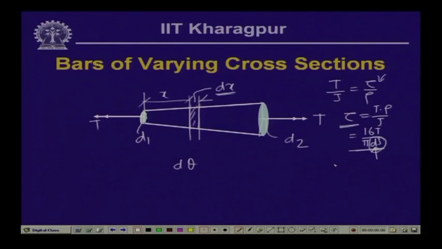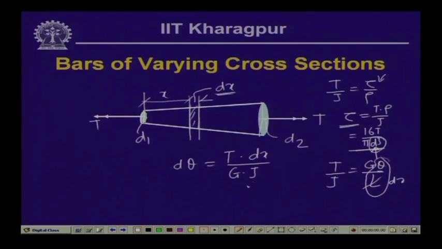Now, as we know, T by J is equal to G theta by L, or for this small segment, which is of length d x and rotation angle d theta, this is equal to T d x by G J. Now, here J is the parameter which is a function of the diameter, and the diameter in this particular case is varying.